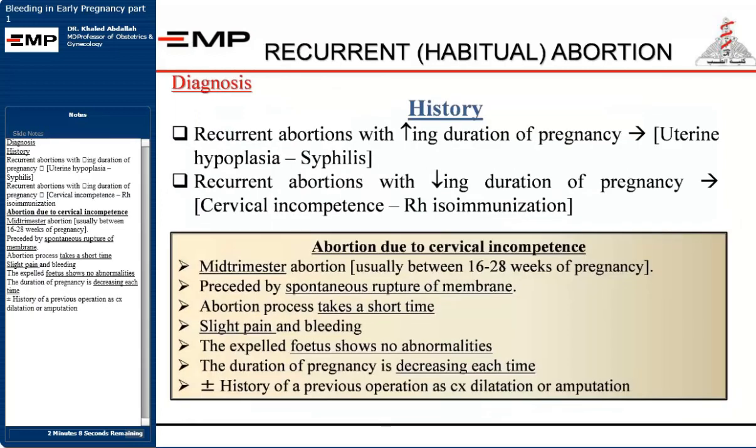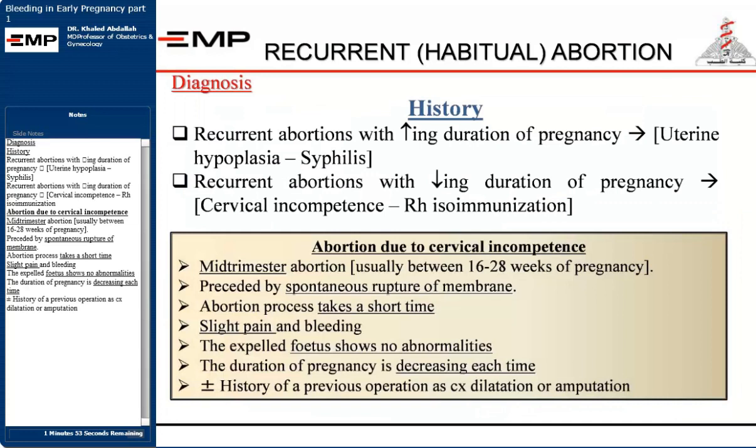Diagnosis. History: recurrent abortions at the same duration of pregnancy suggest uterine hypoplasia, syphilis, cervical incompetence, or Rh isoimmunization.